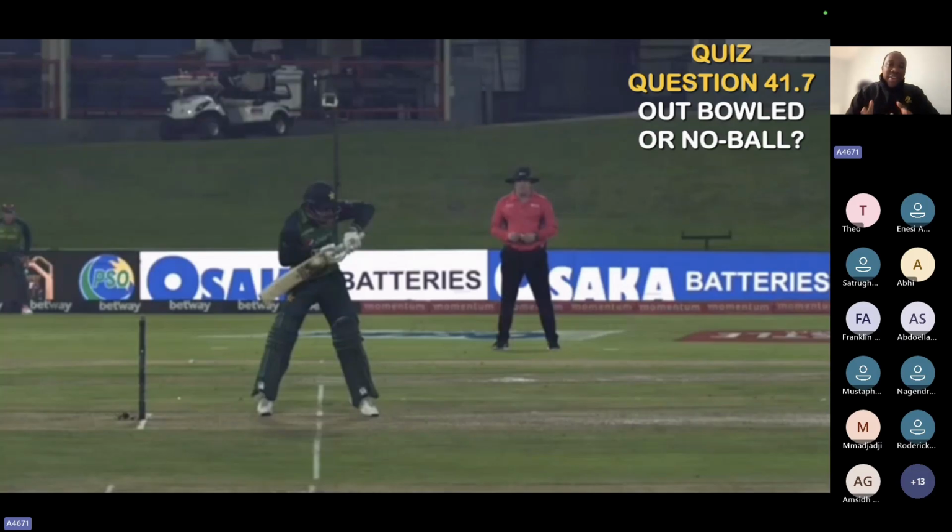Okay, now that sentence or phrase, likely to inflict injury on the striker, is a judgment call.